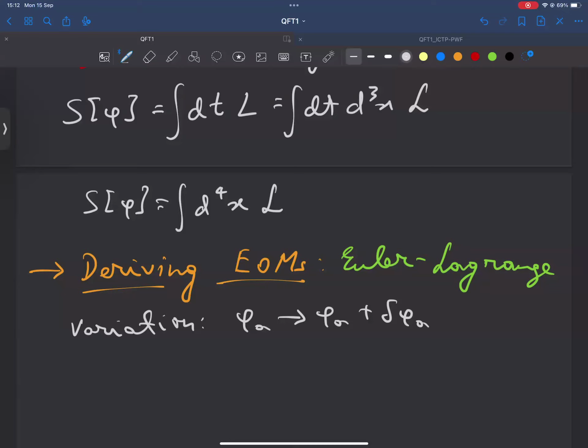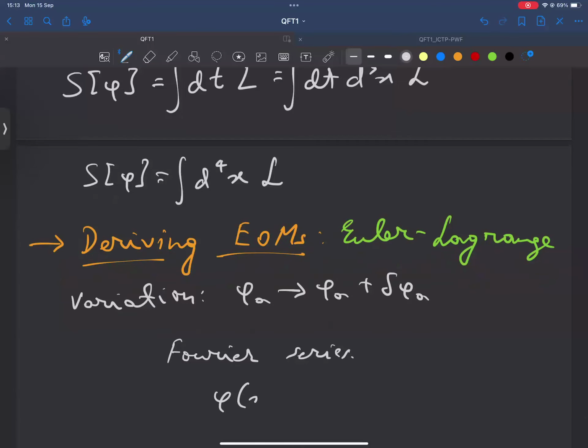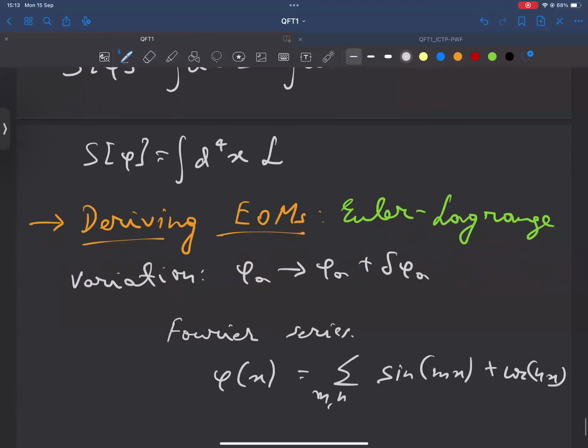One concrete example would be to recall Fourier series. In Fourier series, you would know that any periodic function phi could be expressed as sine mx and cos nx, right? But this m and n went till infinity.